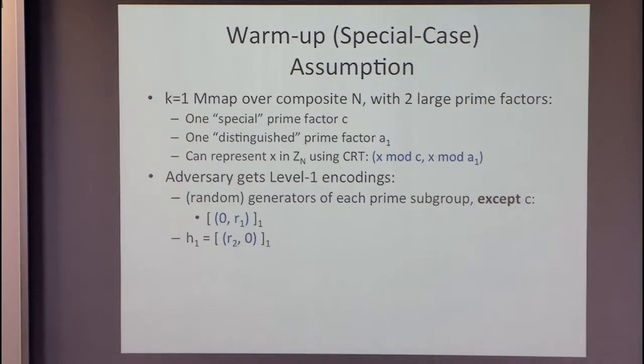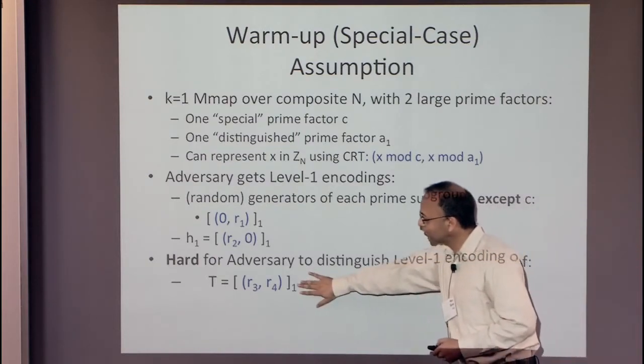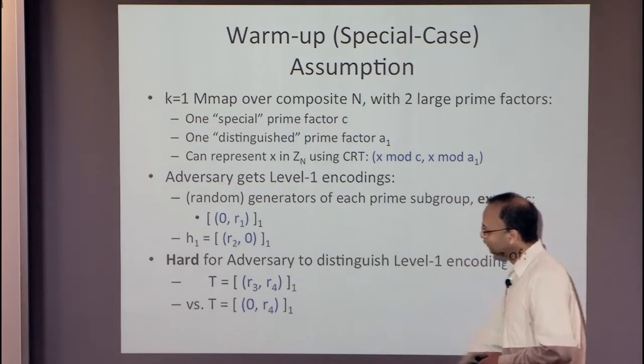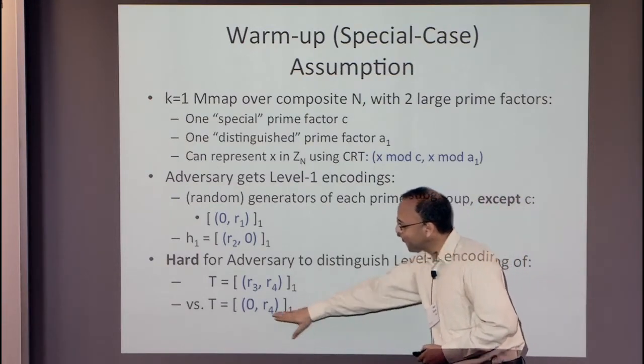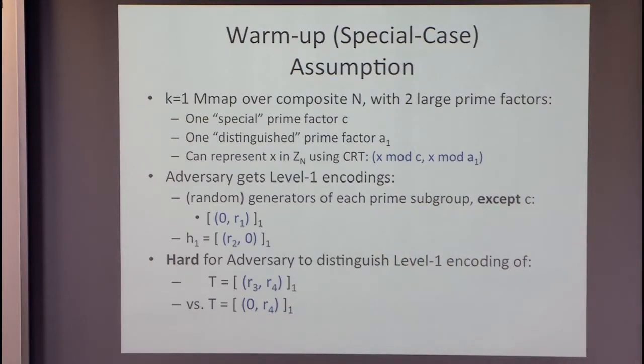Okay? And now, what I assume is hard in this assumption is that it's hard for the adversary to distinguish between the encoding of a completely random element versus the encoding of an element that is 0 in the C subgroup, but random in the A1 subgroup.